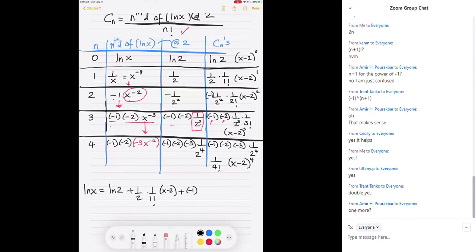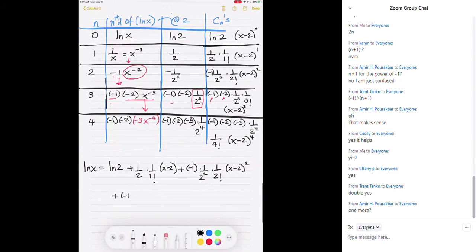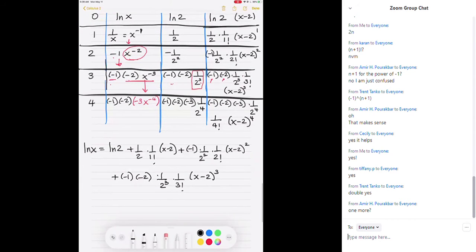So it's -1, 1 over 2 squared, 1 over 2 factorial x minus 2 squared plus -1 times -2, 1 over 2 cubed, 1 over 3 factorial x minus 2 cubed plus -1, -2, -3, 1 over 2 to the 4th, 1 over 4 factorial x minus 2 to the 4th. At this point, you should be seeing some pattern.